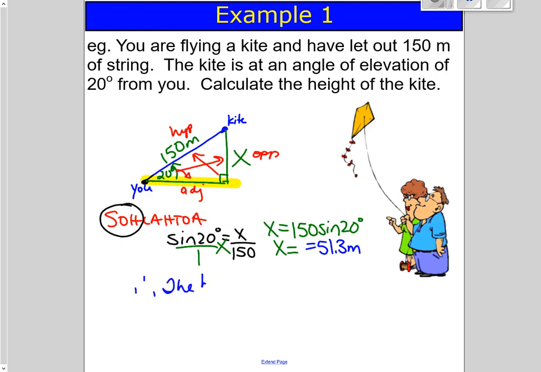Therefore, the height of the kite is 51.3 meters. Okay. That one wasn't too bad.